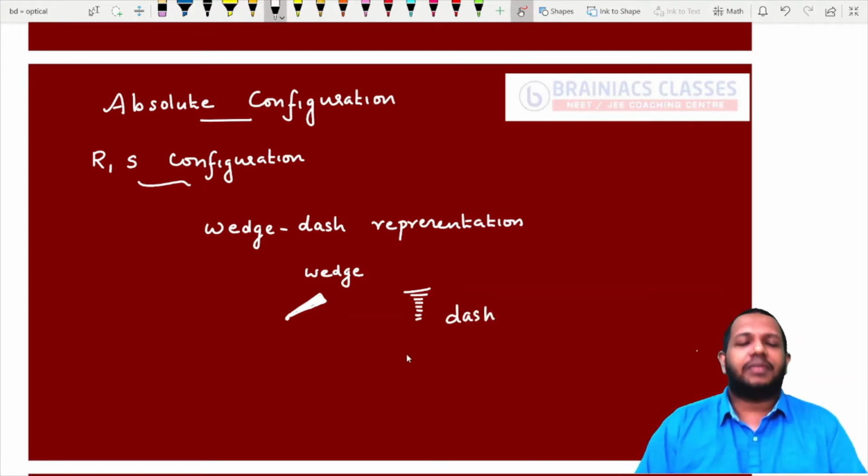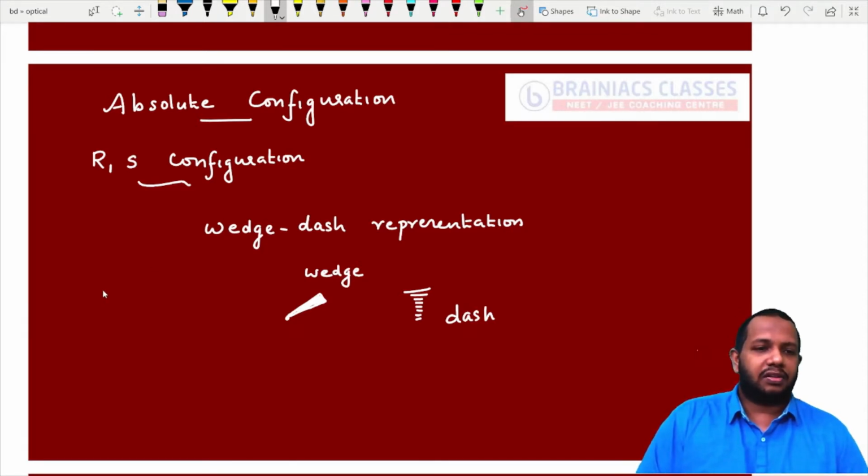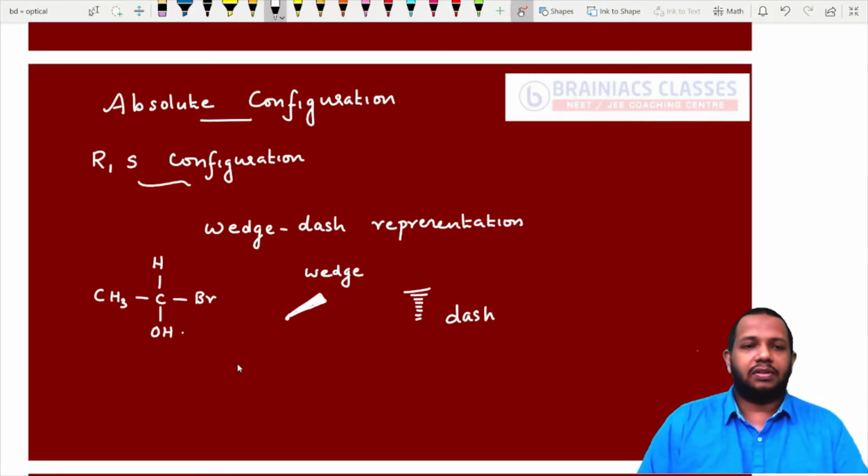Now I can represent an organic compound using wedge dash representation. For example, see here CH3, C, H, and here Br and OH. Now I can represent this using wedge dash representation. It depends upon me.